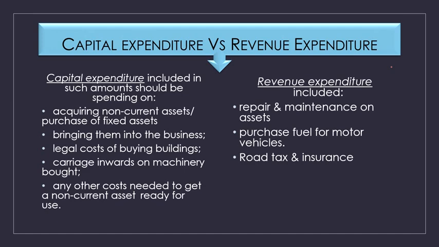Whereas untuk revenue expenditure, contoh revenue expenditure ialah repair and maintenance on asset, purchase fuel for motor vehicle, road tax and insurance. Ini contoh dia. You all perlu tahu capital expenditure contoh dia apa, revenue contoh dia apa.